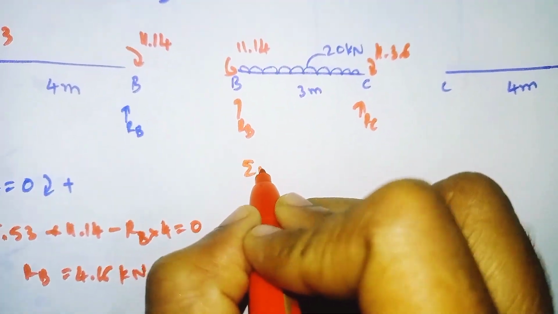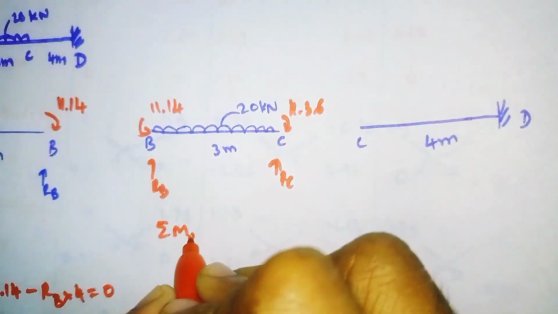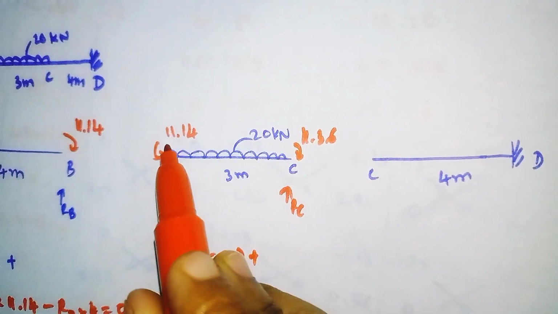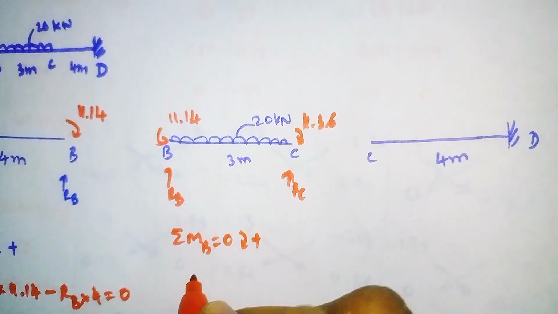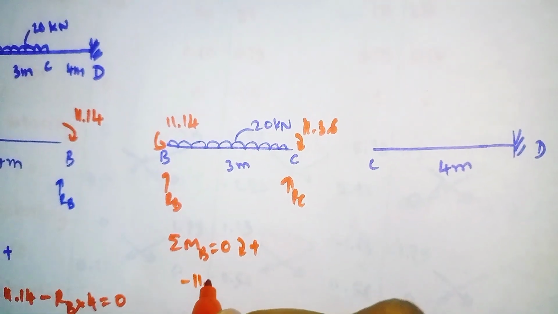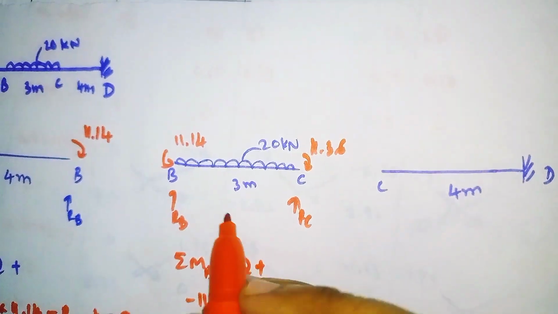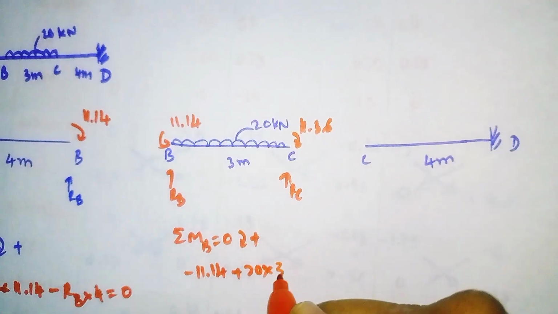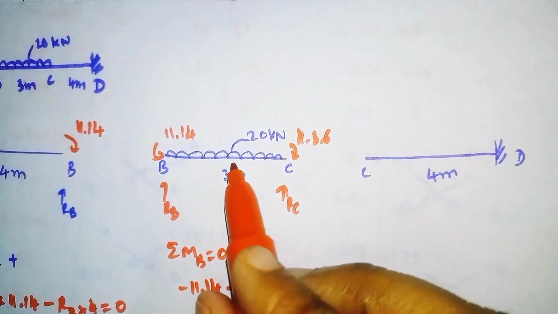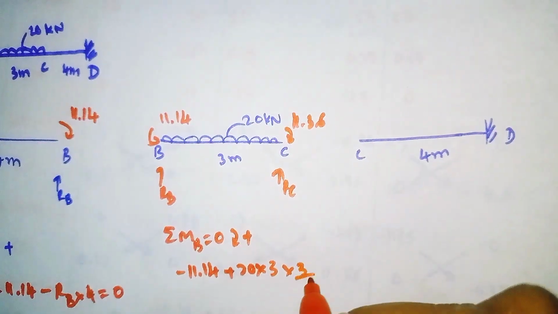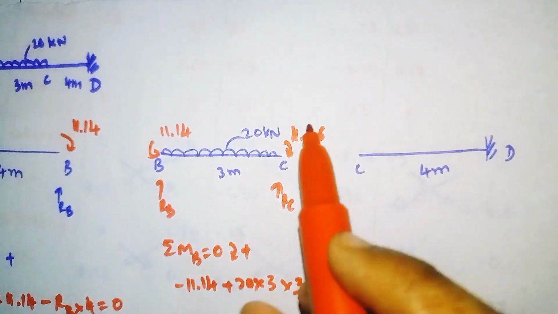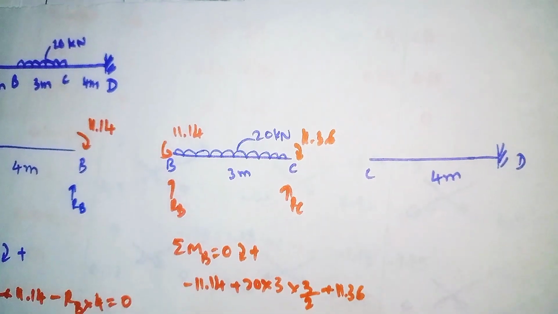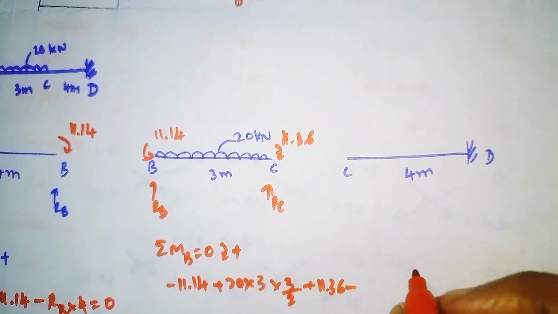So now we'll calculate the reactions. Summation of MB is equal to 0, clockwise positive. It is moving anti-clockwise, so minus 11.14, plus the UDL is there, it is moving clockwise. 20 into total distance 3, it always acts at a distance of L by 2, it means 3 divided by 2, plus it is clockwise 11.36, minus RC.